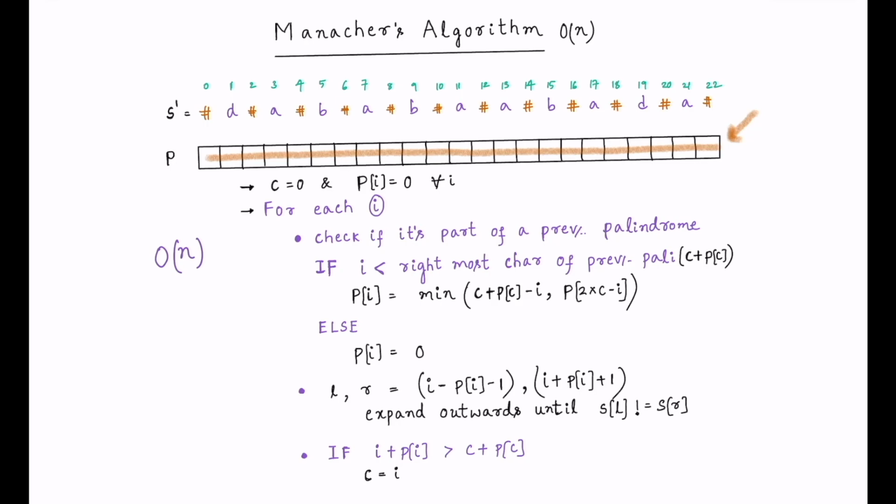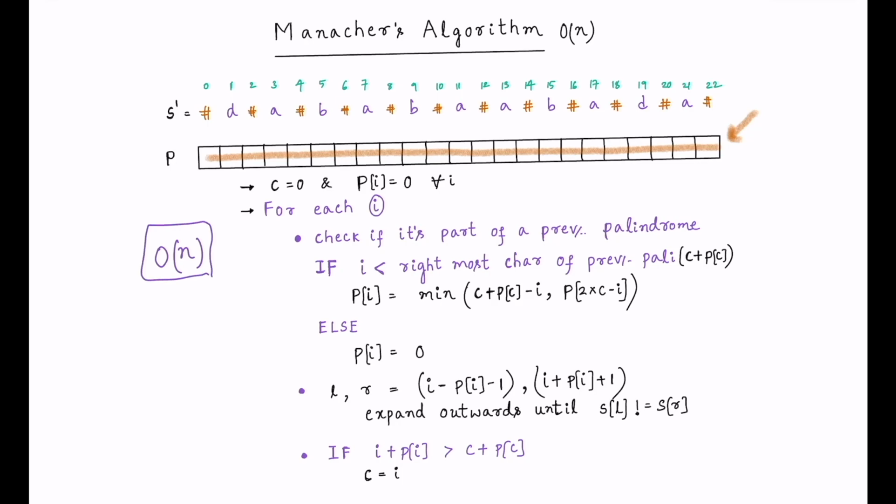If the current character is not part of a previous palindrome, then it is similar to expanding from the center, so we expand the rightmost edge of a palindrome. Because we extend the rightmost edge of a palindrome only once, the runtime of this algorithm is O of n, not O of n squared.